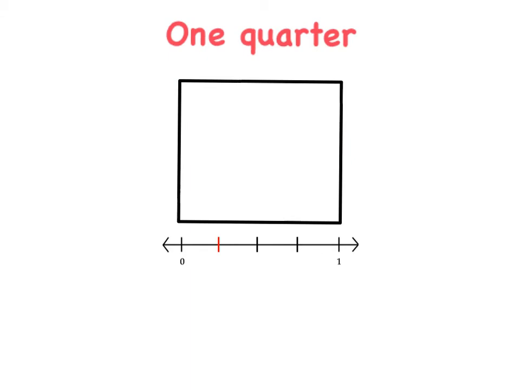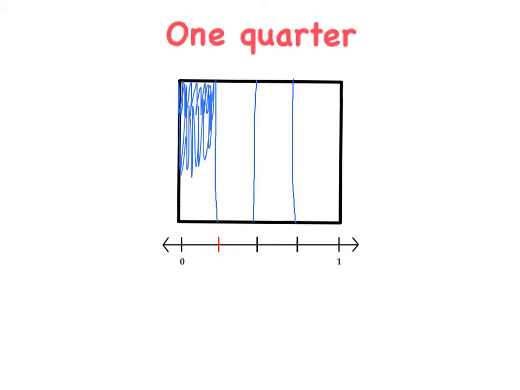And now I want to find on there 1/4. So I'm going to divide it into 4 equal parts. 1, 2, 3, and 4. And I want to find 1/4. So I'm going to colour in one of those 4 equal parts. Just going to quickly colour it in.